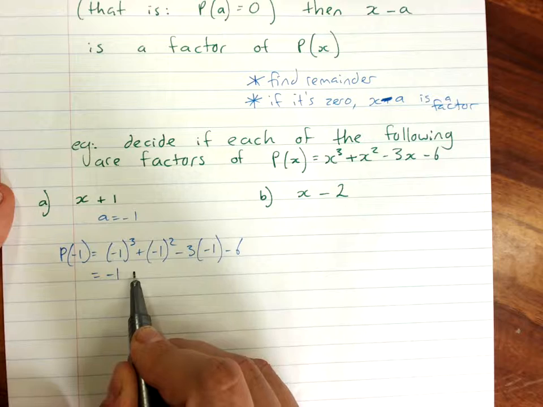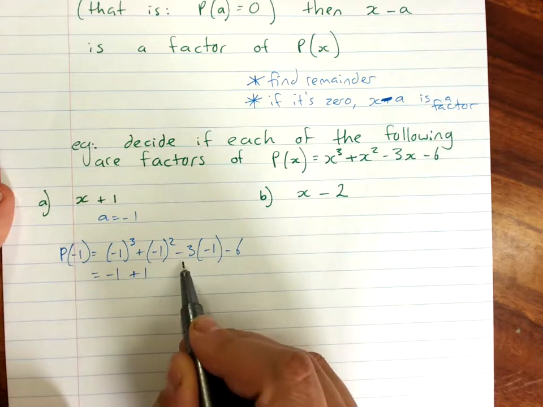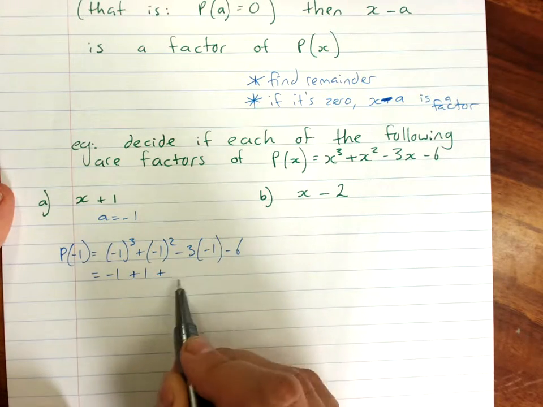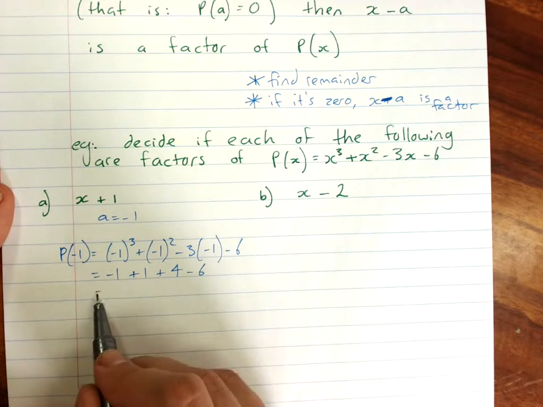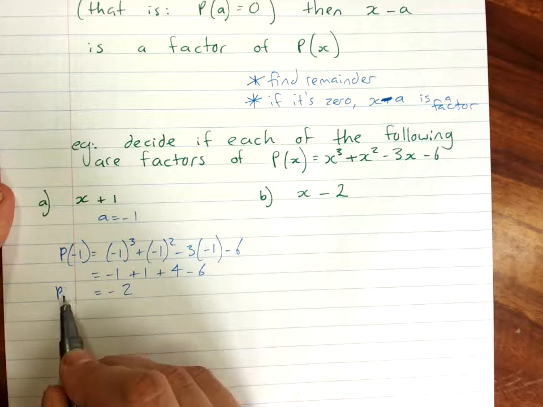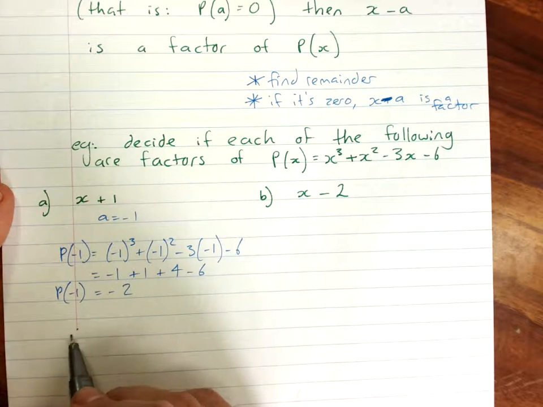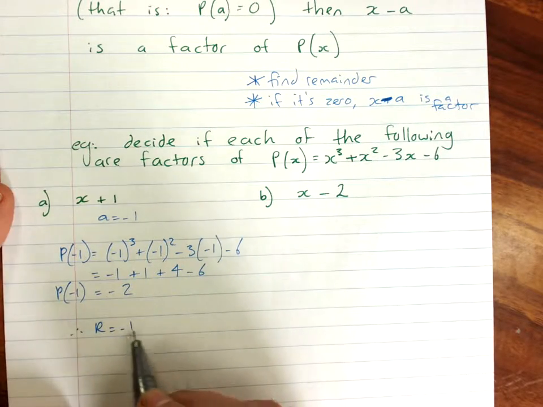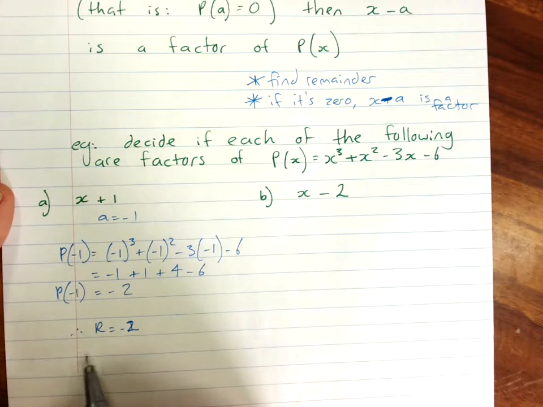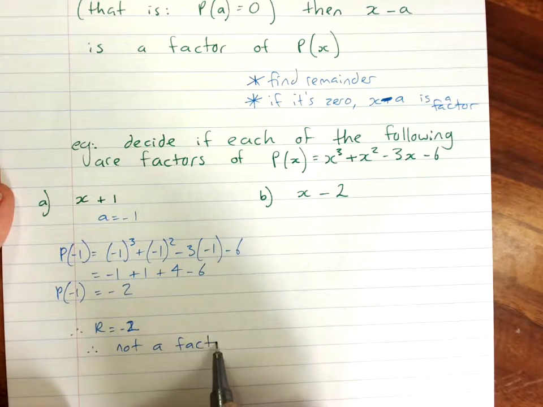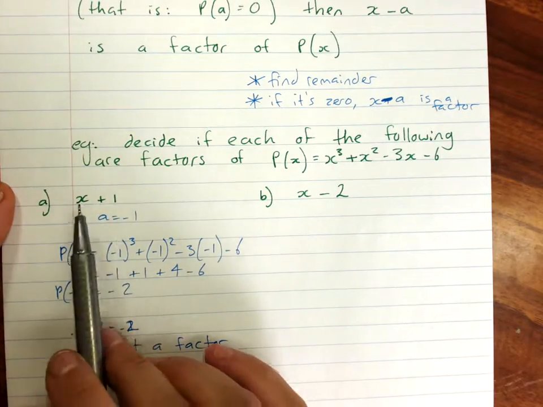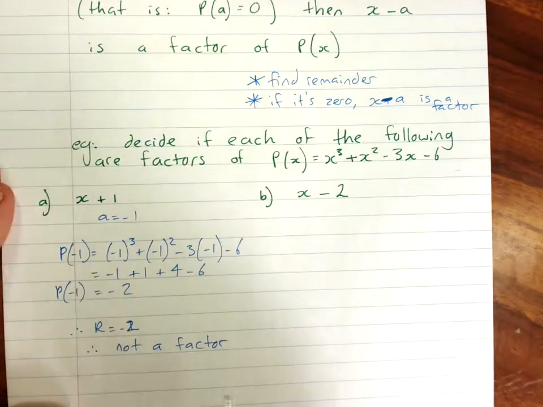That's negative 1 plus 1 plus 4 minus 6, which is negative 2. Therefore my remainder is negative 2, therefore not a factor. So x plus 1 is not a factor of this polynomial.